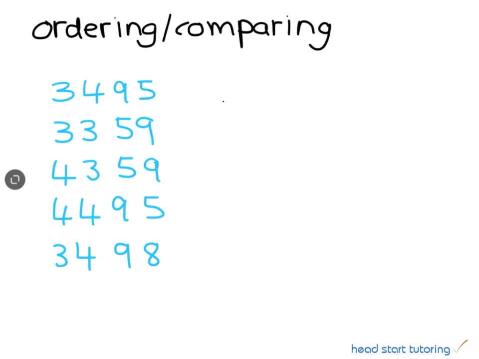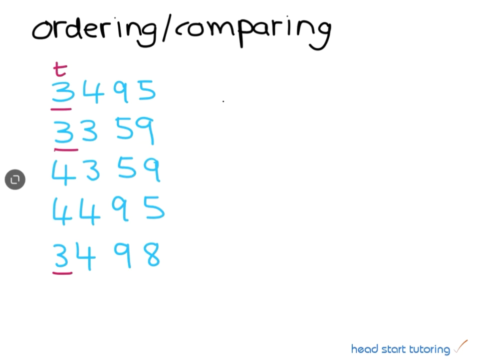Let's remember that ascending order is going from smallest to biggest, because if you are ascending a mountain, you go from the lowest point of the mountain to the highest point of the mountain. So we're going to start with our smallest numbers. So we've got 3s in our thousands column. So we know that those are going to be our smaller ones.